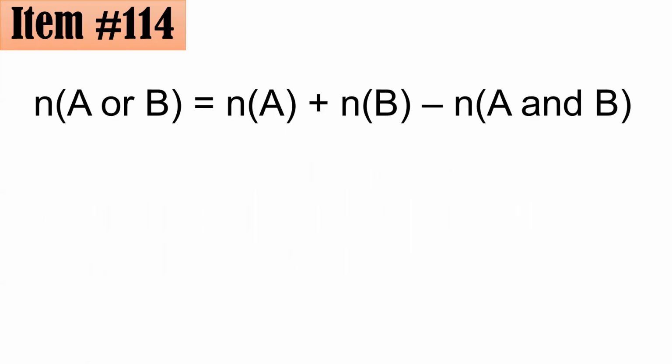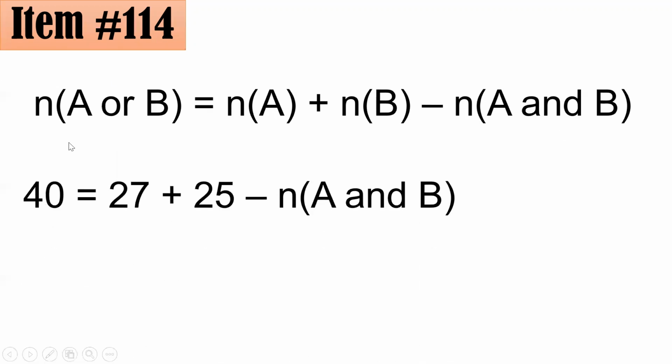Now, from here, we have a formula that the number of people who have A or B is equal to the number of people in event A plus the cardinality of B minus the cardinality of A and B, where or refers to union, and and refers to the intersection or the commonality.